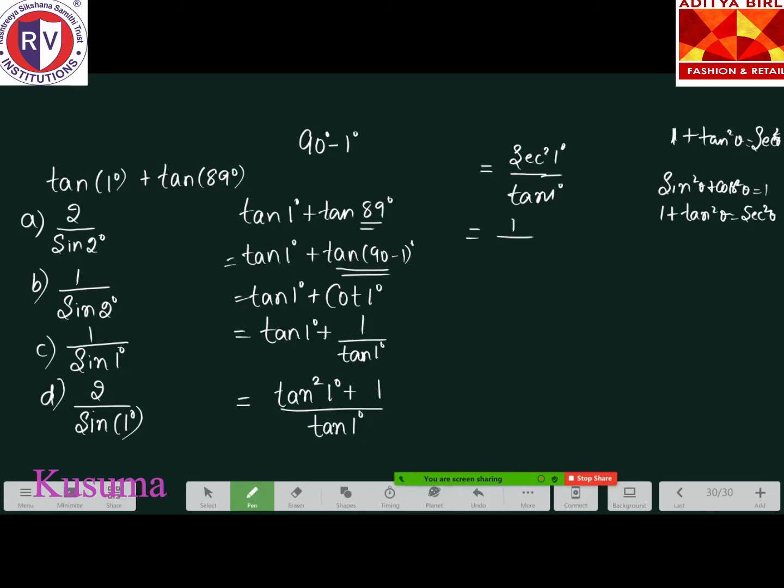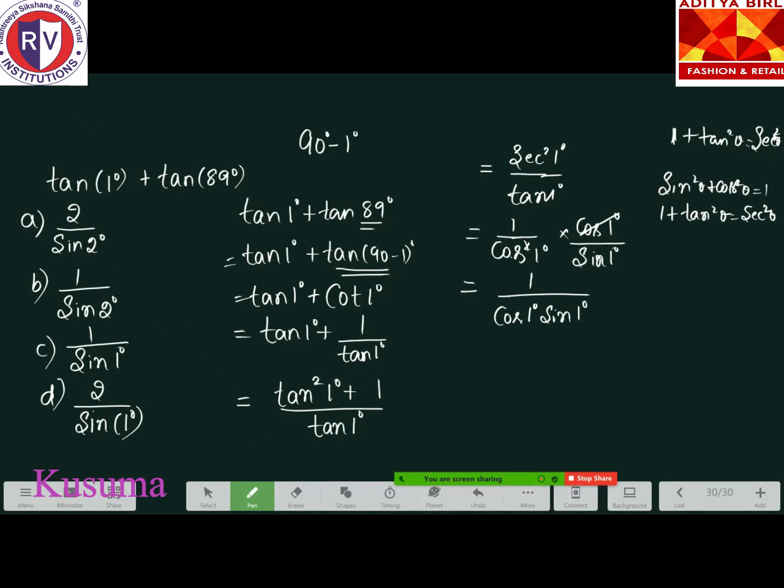This can be written as 1 by cos square 1 degree into, tan theta is sin by cos, but here it is 1 by tan theta. So what will happen? This will be cos 1 degree divided by sin 1 degree. So the square and the term cancel out here, and we are left with 1 by cos 1 degree sin 1 degree.